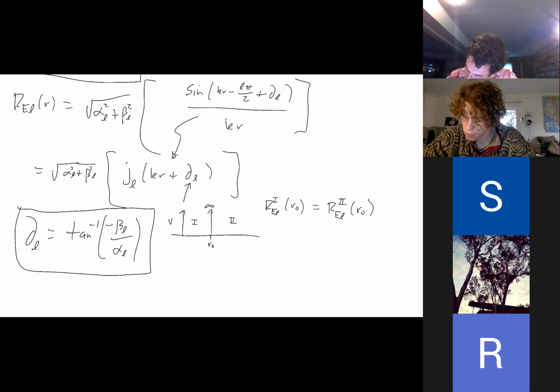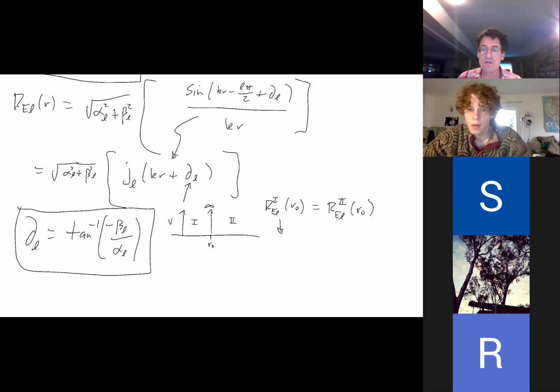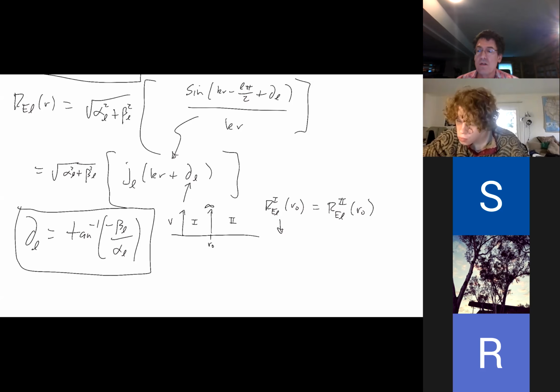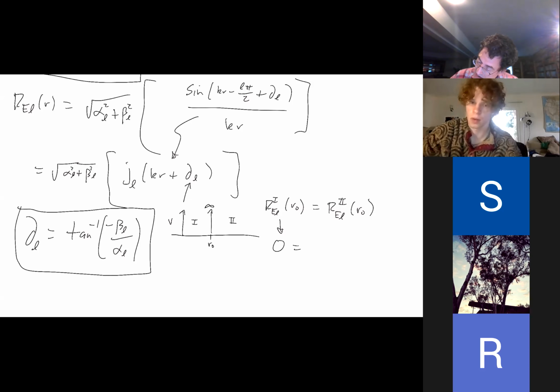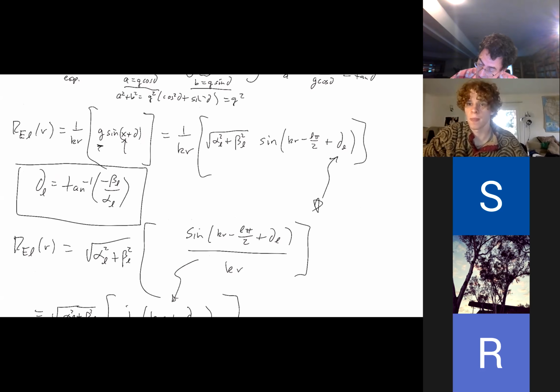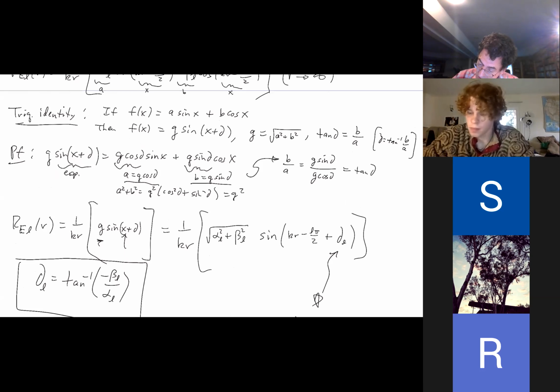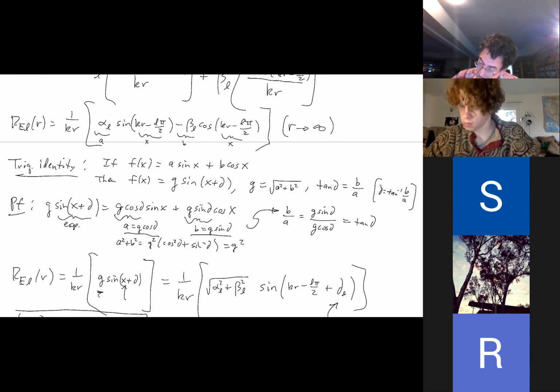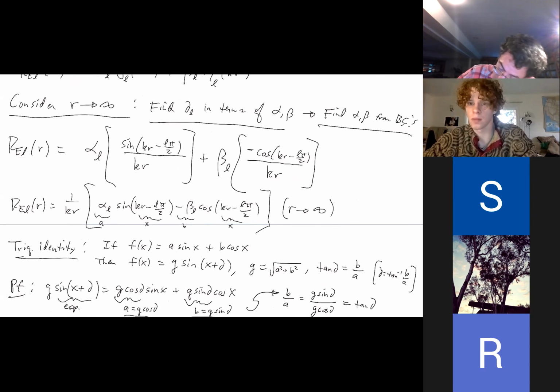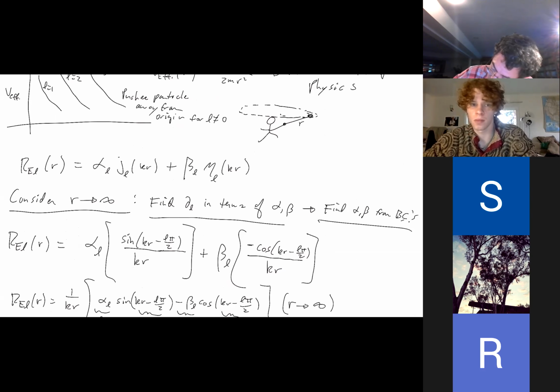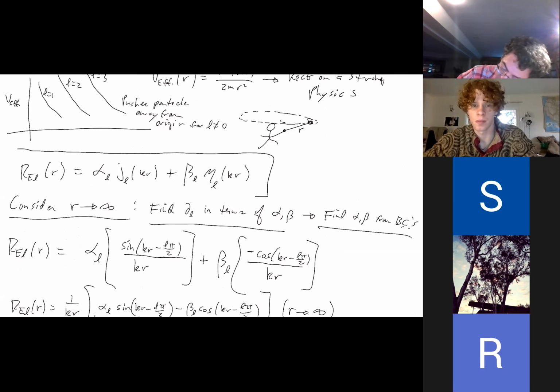And what is REL in region 1? What is that? Zero. Yes, perfect. And REL in region 2? Let's go back to this guy. Remember this guy? Let's go back to this guy, okay?